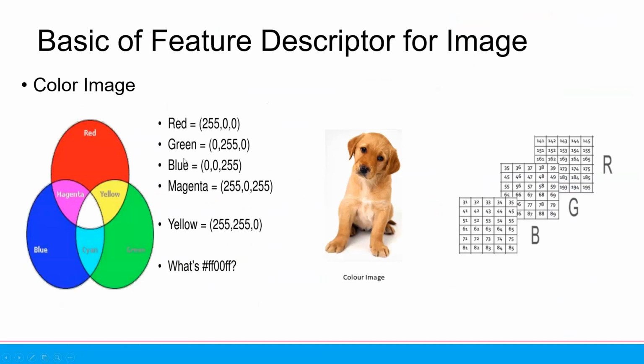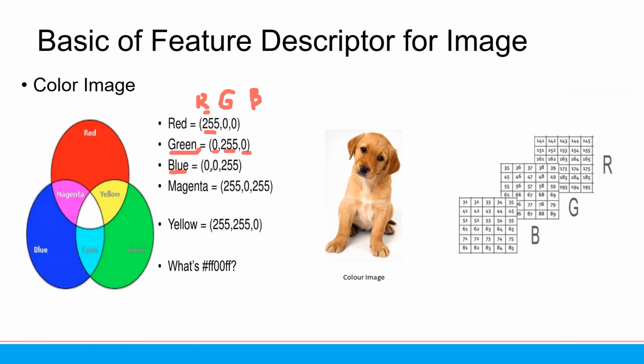So for example, I have the red color. The red color is represented in 3 numbers. We call this R, G, B. So the R number is 255, the green number is 0, and the B number is 0. If it is green, then the R number is 0, the green number is 255, and the blue number is 0.